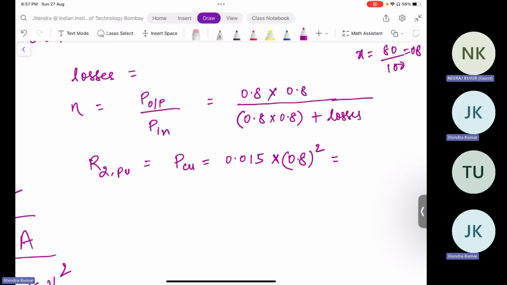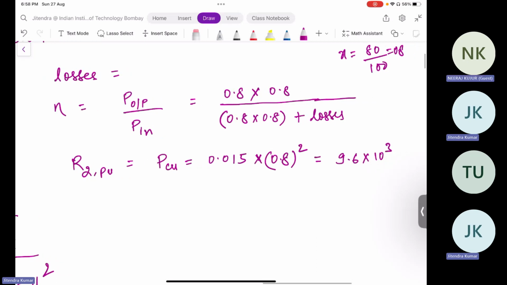Sir, 9.6 into 10 to the power minus 3, per unit. So this is the loss in the series resistance.